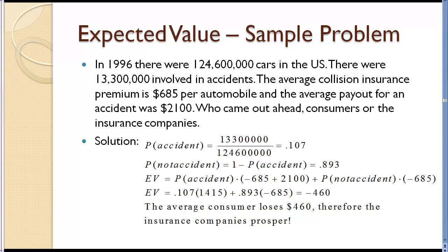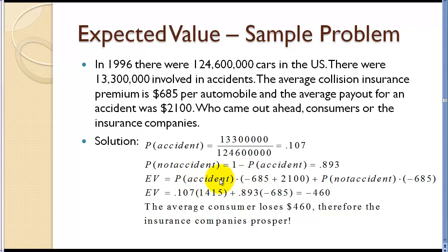So we can calculate here the probability of an accident by taking the total number of cars involved in accidents divided by the total number of cars. So it's about an 11% chance that the car is involved in an accident. So not being in an accident would be, those two have to add up to 1 or 100%. So we take the expected value, so the probability times our value.